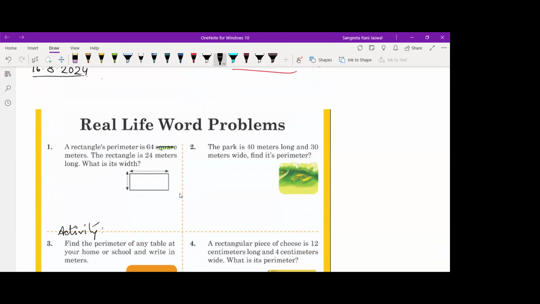So the perimeter of a rectangle is given to us in the question. So it's a statement sum. In your notebook, you will be doing it with the statements. Please start doing. First, write the first statement, whatever is given to you. The rectangle's perimeter is given. Its length is given. You have to find the width.